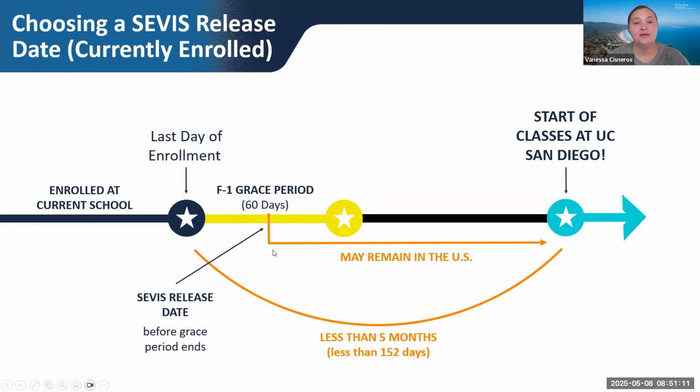And from the day that your SEVIS record is transferred, past the end of your grace period until you begin your new program here at UC San Diego, again, you may remain in the United States. You do not have to depart the United States during this time, so you don't have to exit and re-enter on that transfer I-20. As long as you meet the transfer eligibility requirements and your SEVIS record gets released within your 60-day grace period, you may remain in the US and wait until the start of your new program.